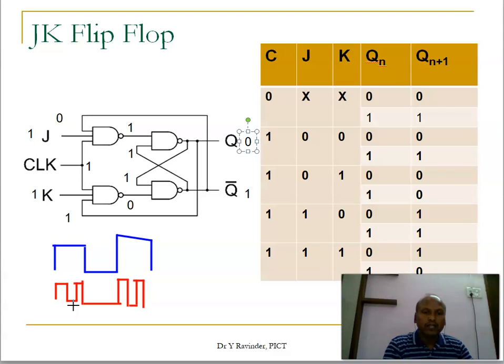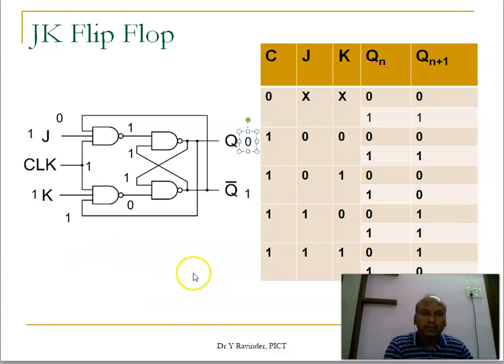In the SR flip-flop, only 3 conditions are applicable for R and S: R is 0, S is 1; S is 1, R is 0; R is 1, S is 0; and both are 0, 0.